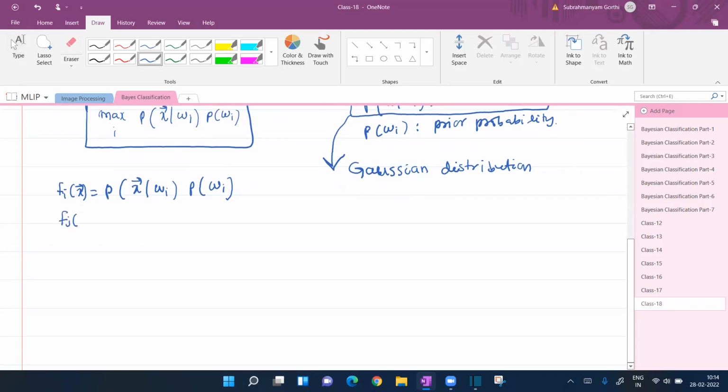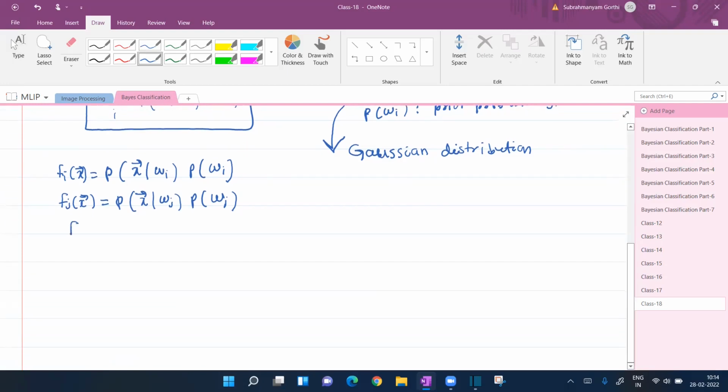For another class, the jth class, let it be probability of x bar given omega j into probability of omega j. Now suppose I want to compute the decision line. If it is 1D, you call it decision line. For any higher dimensional classes, you could simply call it decision hyperplane. It is in L dimensional space. Let that plane be Fij of x bar.